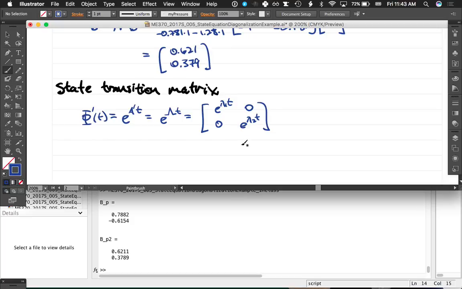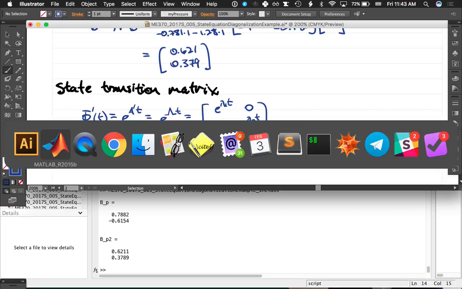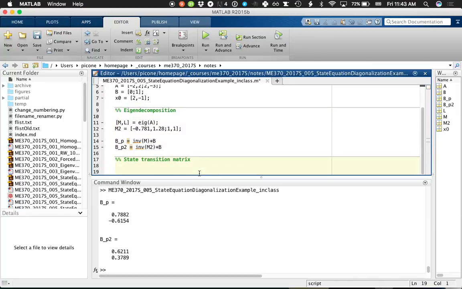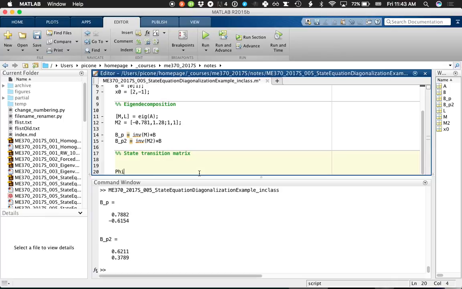Let's define it in Matlab. For the state transition matrix, we'll do our analytic ones first. We'll just do phi 2. Phi 2 equals, it's a function of time, and it is the exponential of, so e to the lambda 1 t.